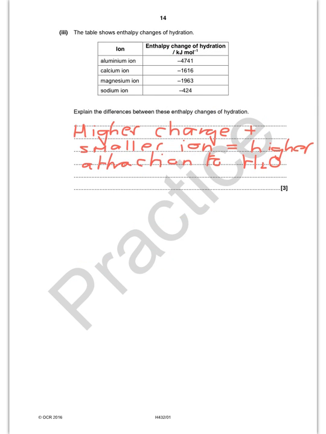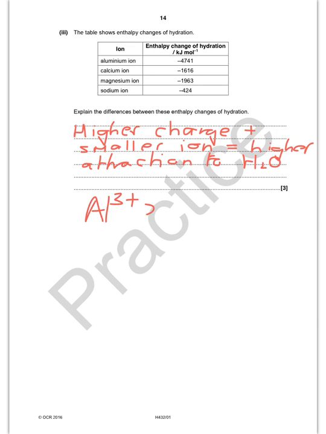Right, so we now need to explain these differences in enthalpy changes of hydration. So basically we know that the higher the charge and the smaller the ion, the higher the attraction to water molecules. And so let's just have a look at these ions. Well, first of all, aluminium has got a higher charge than all of them. So it is going to be higher.